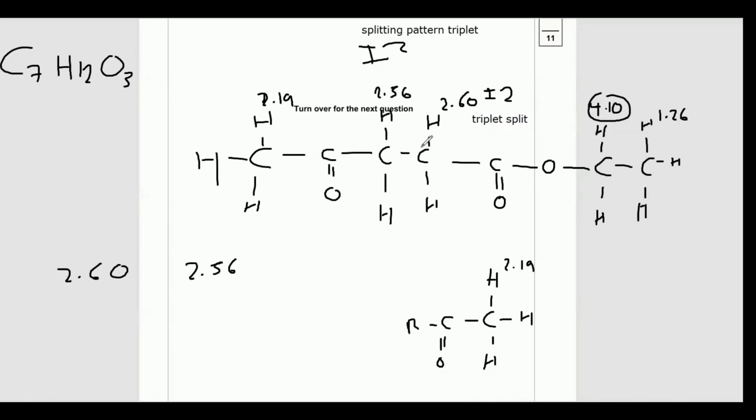Hey, it says the carbon next door has 2 hydrogens. And of course it does. Both are giving triplets because they're next door to each other and each of them has 2 hydrogens. So that is our final structure. Now, as I say, that's not easy to do, but you're going to score all the marks by interpreting the integration value or ratio and the splitting patterns and explaining what they tell you. That's how you can get all the marks.